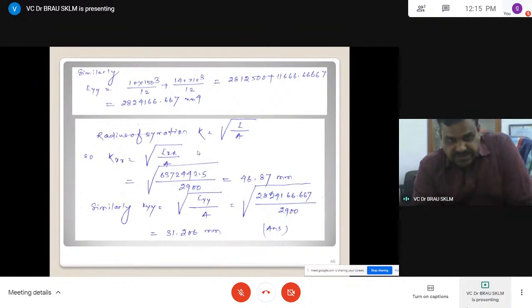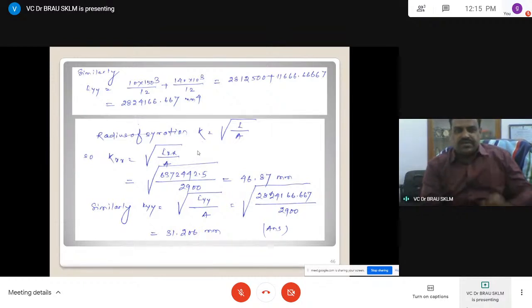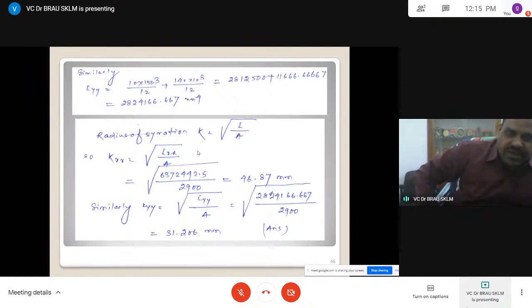Once you know the Ixx, Iyy, moment of inertia is also represented for concentrated cases. For distributed, I is equal to A into x square or A into y square like that. Radius of gyration is for concentrated area. See, that's why k is equal to square root of I by A. Once we know the Ixx and the area, find out the radius of gyration.